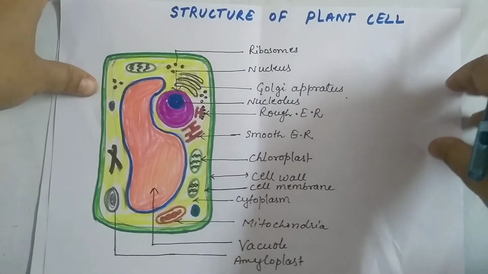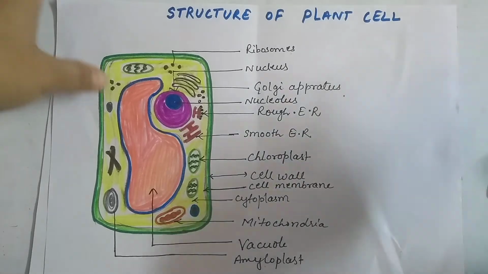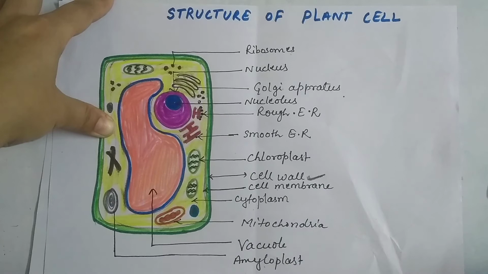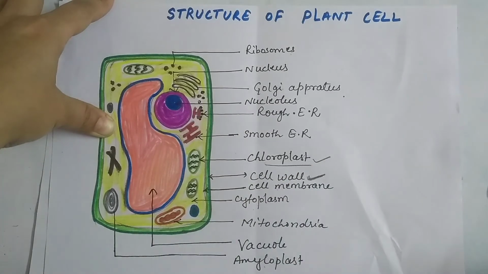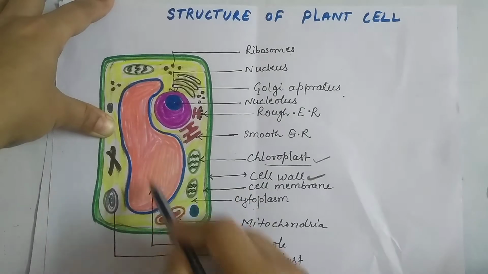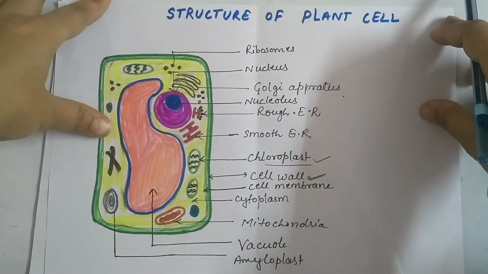So this is the typical structure of the plant cell. We already discussed what things are present in the plant cell. It contains a cell wall, which you will not find in the animal cell, and it also contains chloroplast, which you will not find in the animal cell, and a large vacuole is there. So this is the structure of the plant cell.